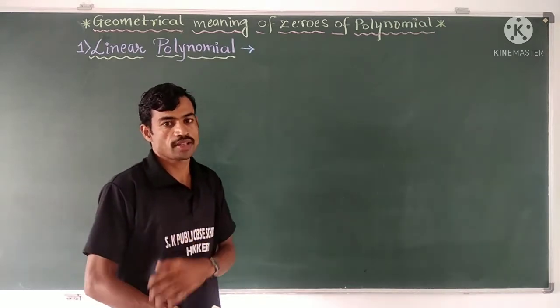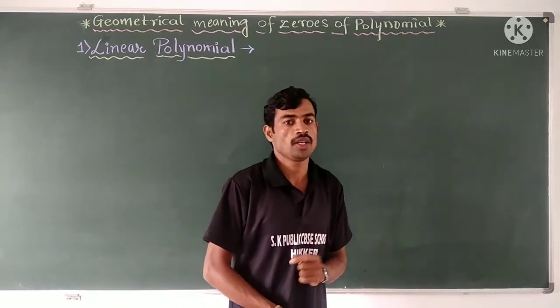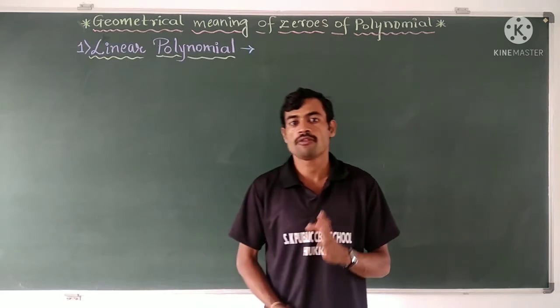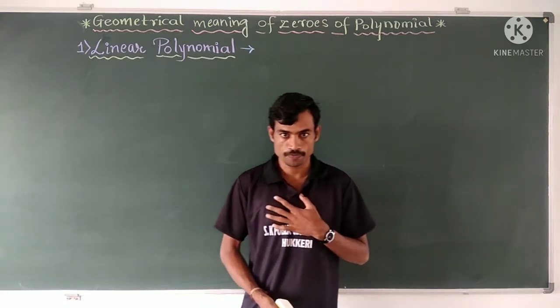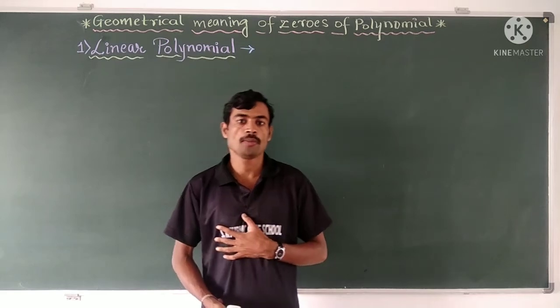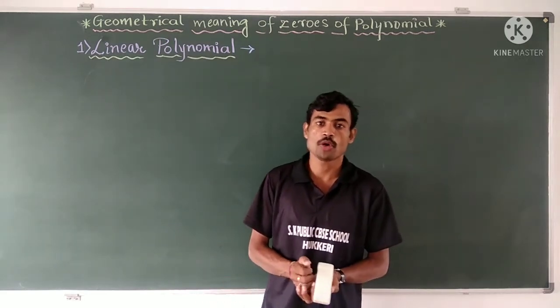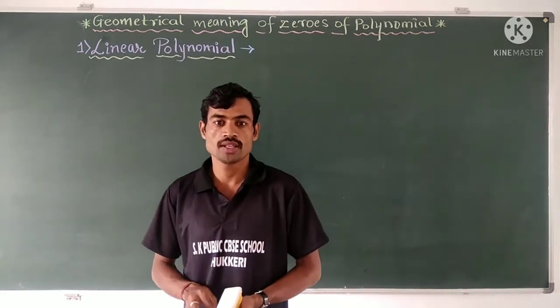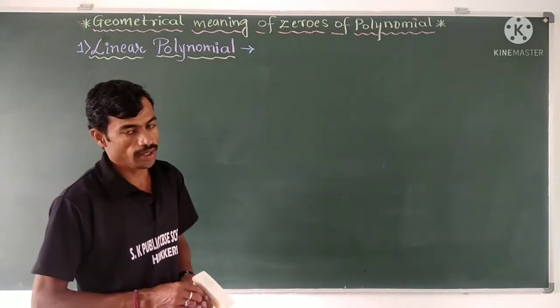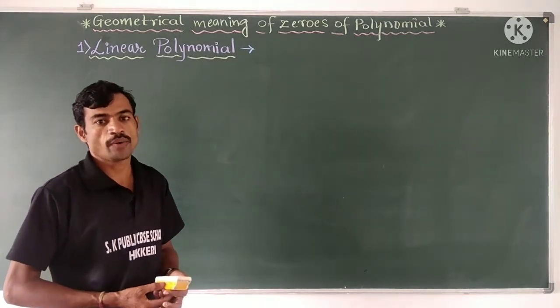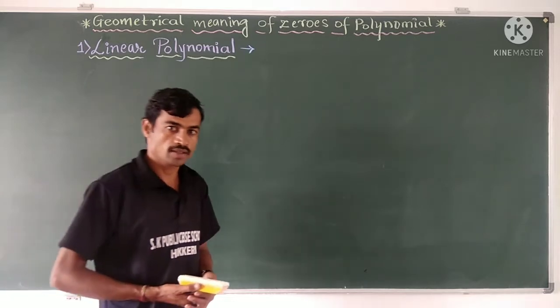Also, the graph of a linear polynomial is always a straight line, and the graph of a quadratic polynomial is always a parabola. Clear? So these are all the points we discussed in the previous class.